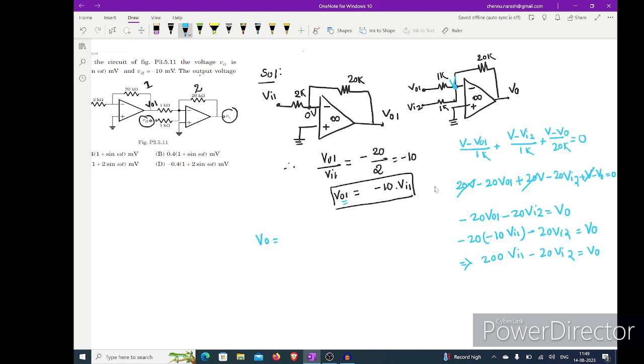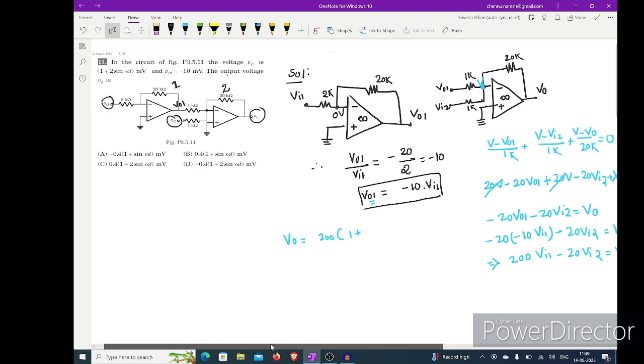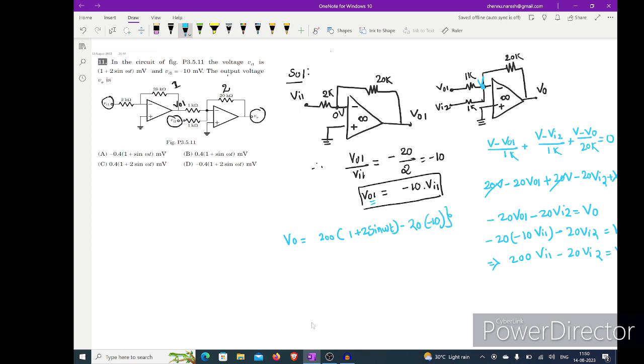V0 equals 200 Vi1 minus 20 Vi2, with Vi1 equal to 1 plus 2 sin omega t in millivolts, minus 20 times minus 10 in millivolts. This we will take millivolt common.